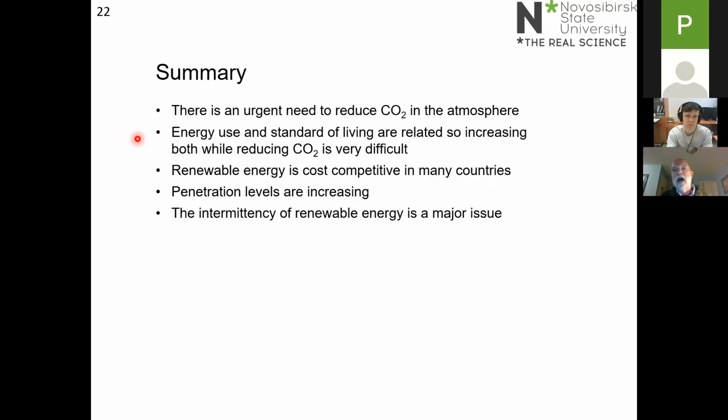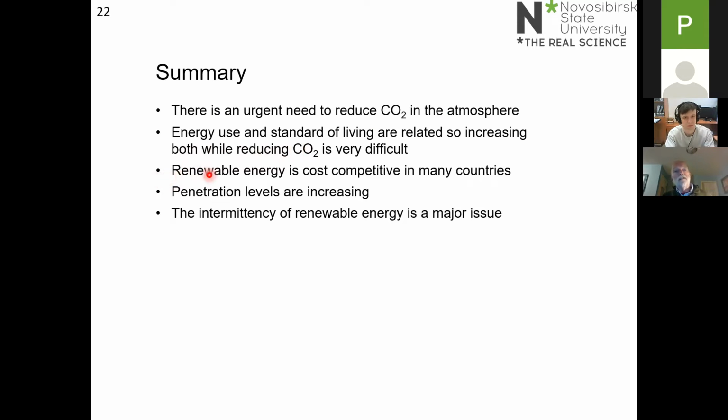And so we have a dual challenge in this world because a lot of people in this world do not have an adequate standard of living. If we're going to bring everyone in the world up to a decent standard of living, and we're going to keep reducing the amount of carbon dioxide that goes into the atmosphere, that's going to be very difficult.